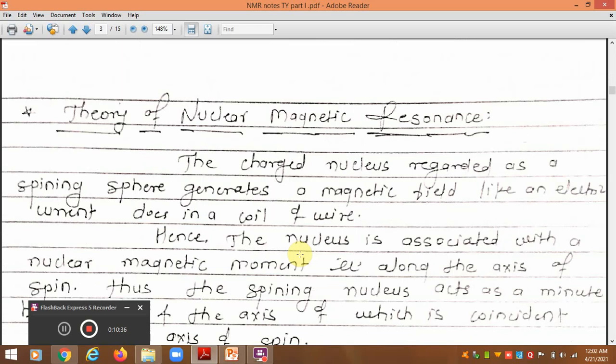We are well aware that the nucleus contains two particles, proton and neutron, and the nucleus has a positive charge due to the proton. So a charged nucleus is regarded as a spinning sphere, which generates a magnetic field like an electric current flowing in a coil of wire.